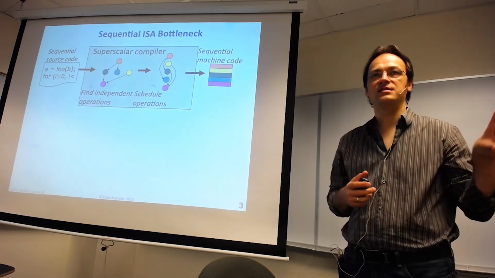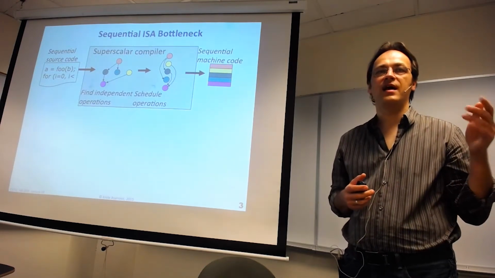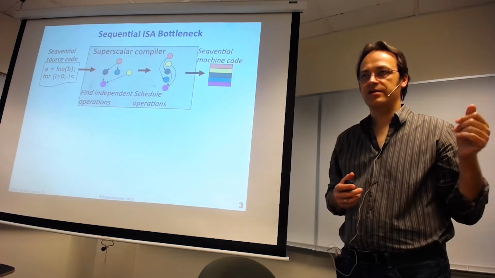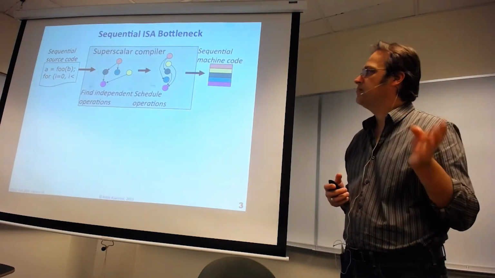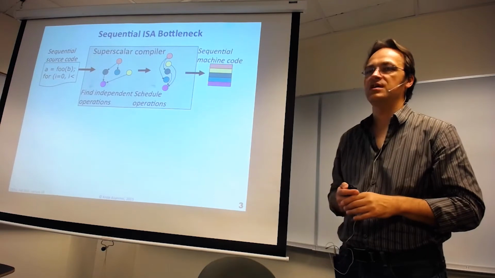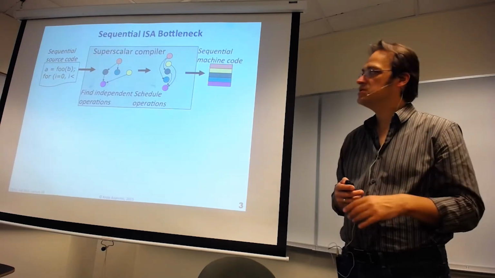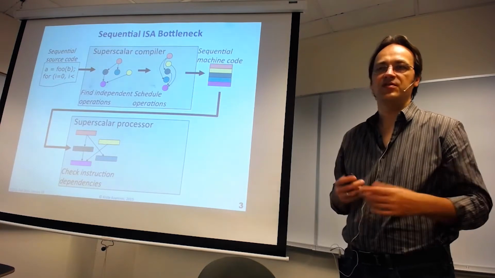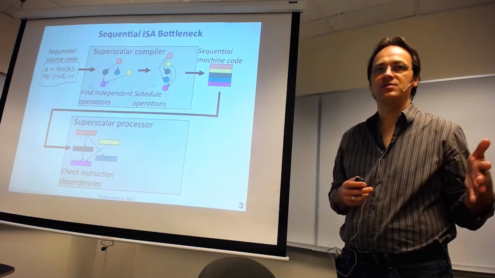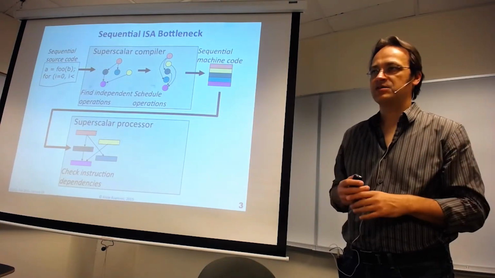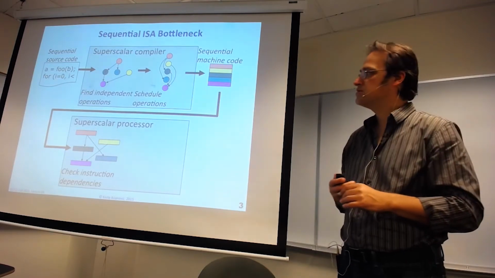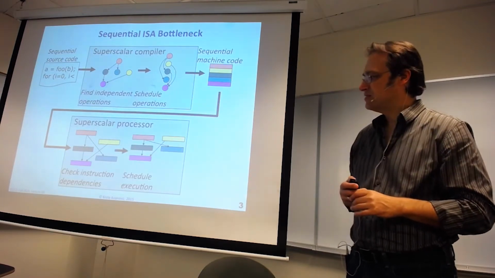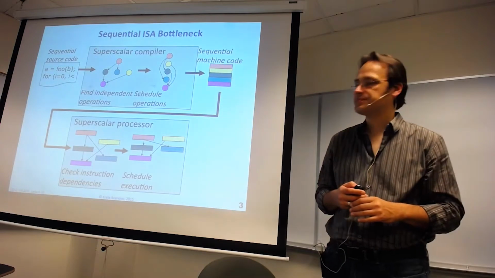So it's done the work of analyzing the instructions, figuring out whether they're independent, how they're independent, figuring out how to schedule them to run in parallel. But then it packs it out into a sequential machine code form. And then that sequential machine code, you then feed into a superscalar processor. The first thing which that does is look at that sequential machine code, effectively extract the parallelism from that sequential instruction stream, and then schedule things for execution in a parallel way.